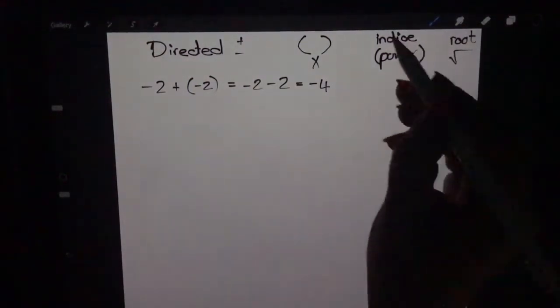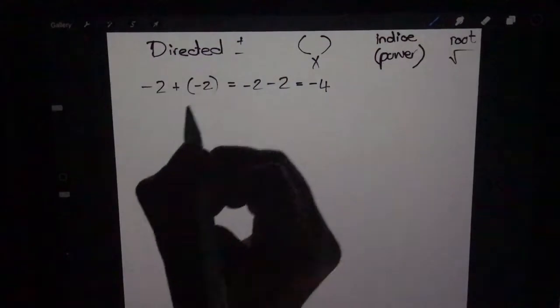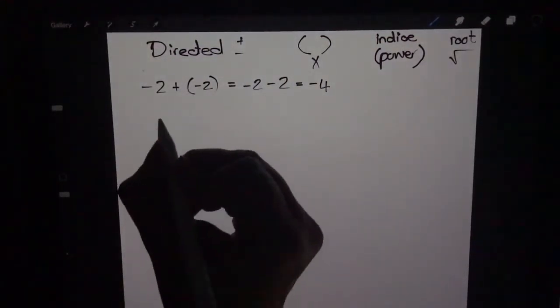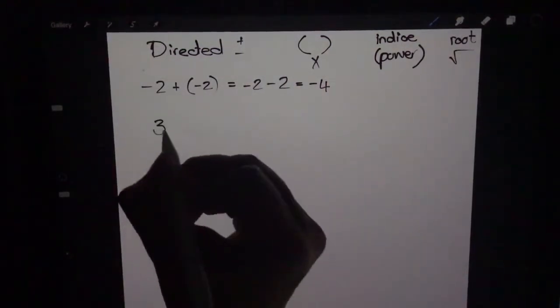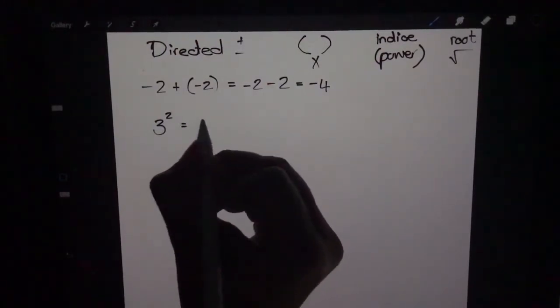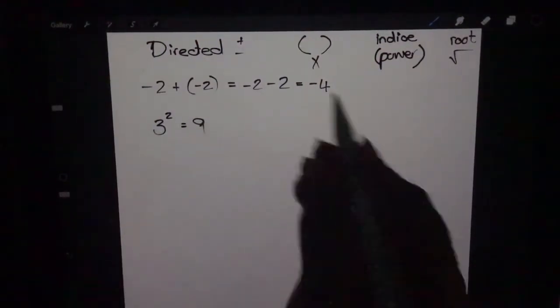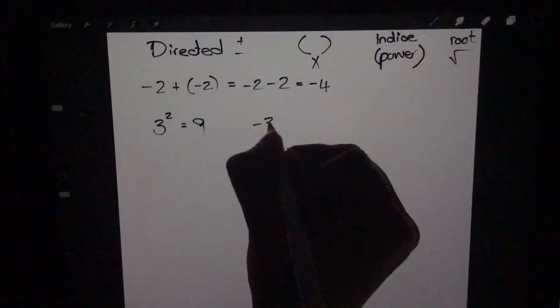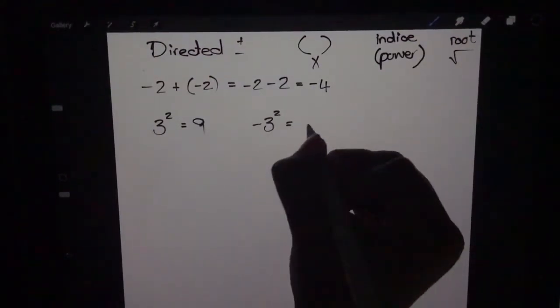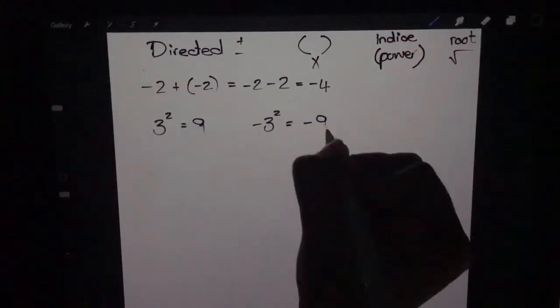When we work with indices or the powers of something, the brackets play a really important role. For example, if we have 3 squared, it simply means 9. But if I have a -3 squared, it is going to be a -9.